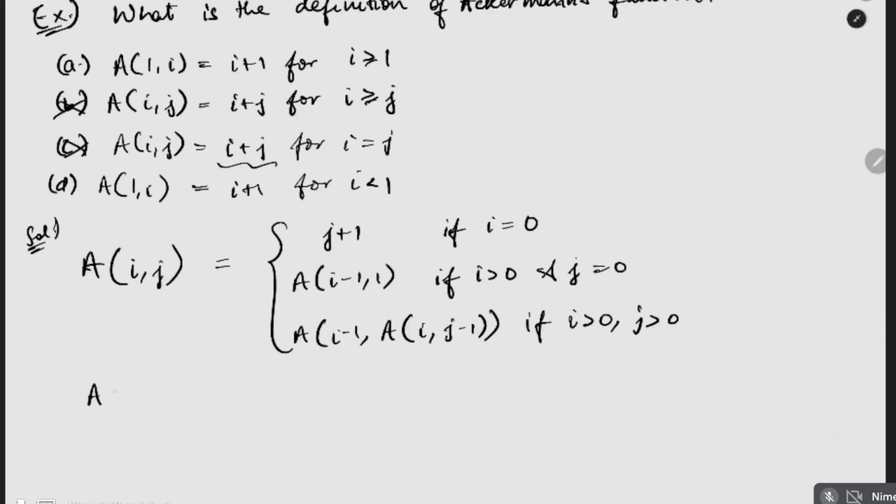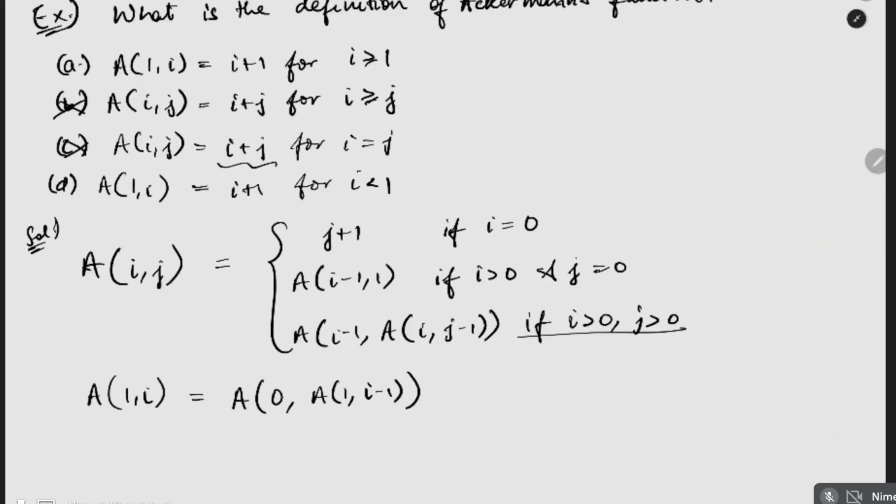And let's try to calculate it for 1 comma i. It satisfies the third one, right? So here we have switched i and j, but anyways, we'll try to stick to it. So it is A of 0 comma A of 1 comma i minus 1, assuming that i is also positive.